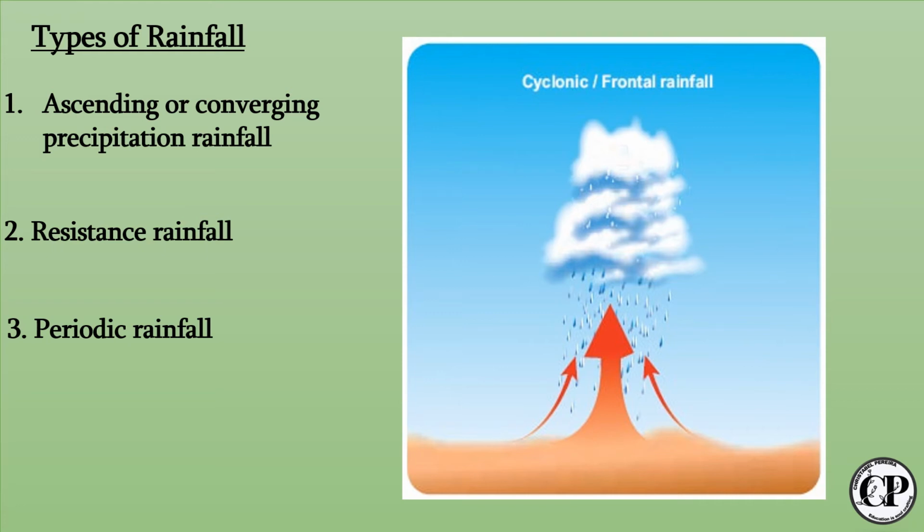Cyclonic rainfall is provided by the cyclones created in tropical and temperate regions along the air mass fronts, where warm and cold air meet together and the warm air is encircled by the cold air, resulting in circular wind systems.